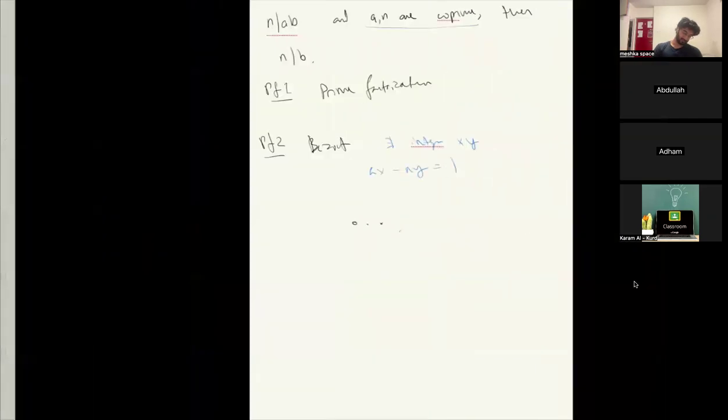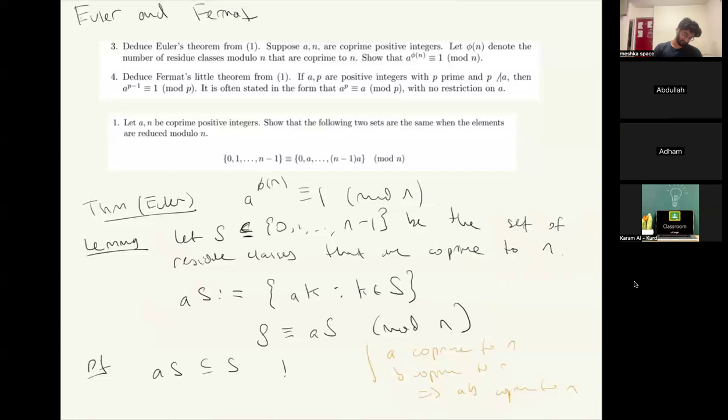And the important thing is, what does it mean? Because we have lemma 0, by lemma 0, the elements of AS are distinct modulo n. You guys cannot read this. Let me write it better. I'm saying, by lemma 0, these things in AS, they're all different mod n.